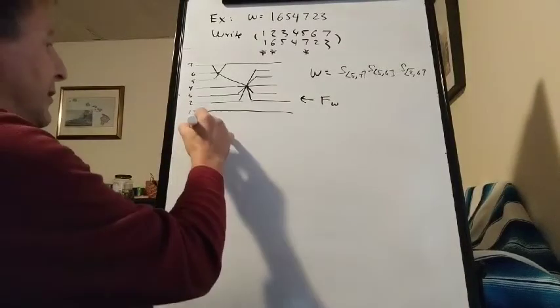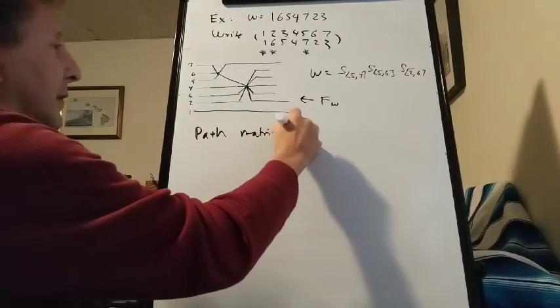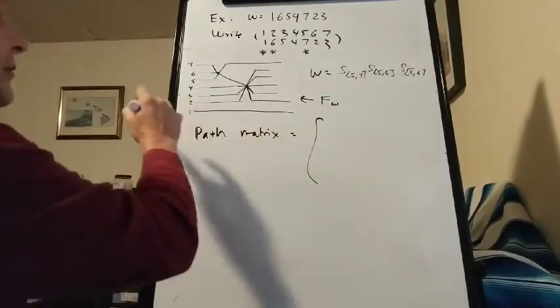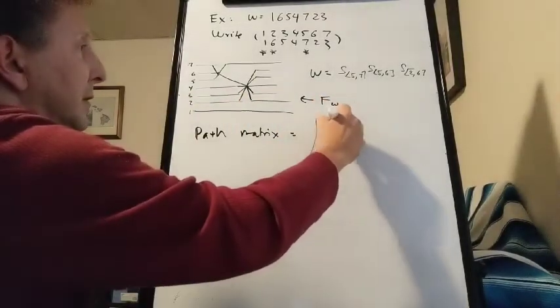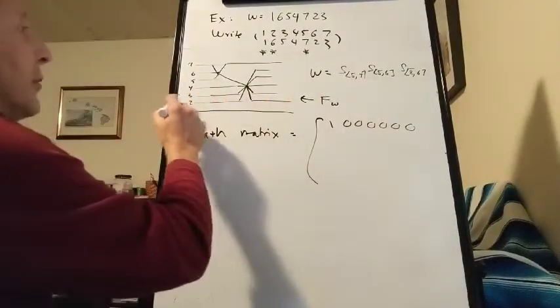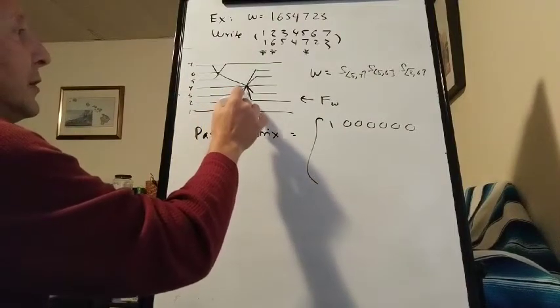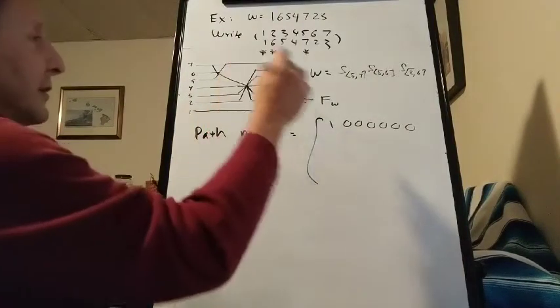And the path matrix is, let's see, from 1 we go only to 1. From 2 we can go to any number between 2 and 6.